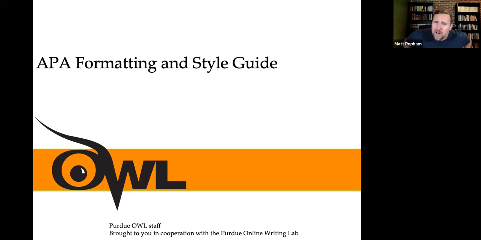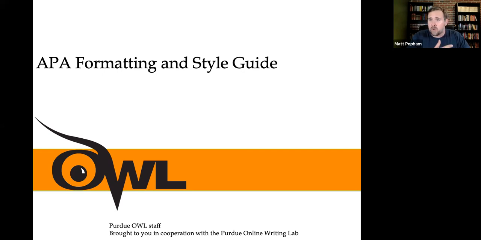Now, you'll notice right away that we don't have our fancy PTS logo and stuff on this particular PowerPoint, and that is because I have received permission from Purdue to use this PowerPoint for the purposes of us tonight.